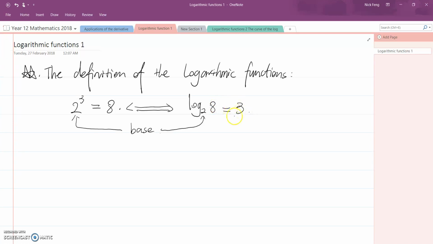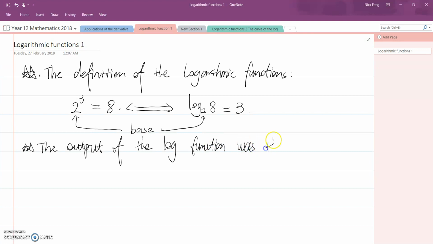So in other words, the output of the log function was the power before in the exponential function.